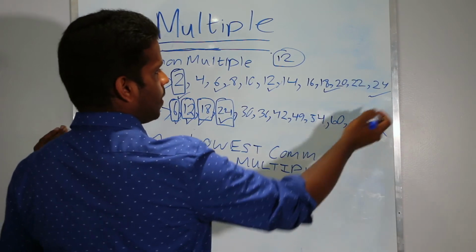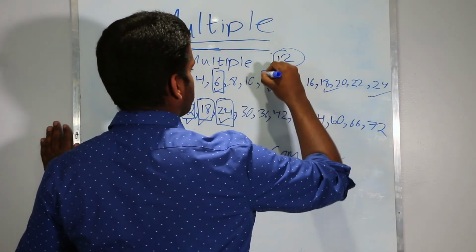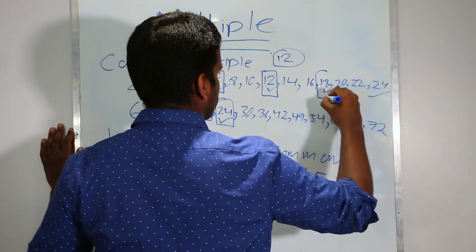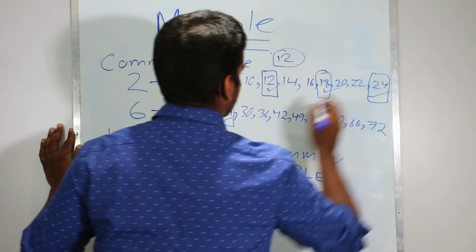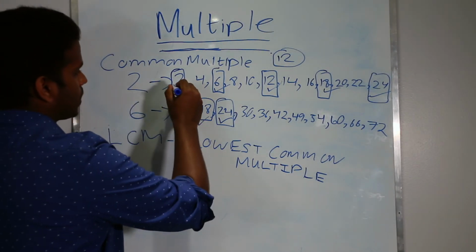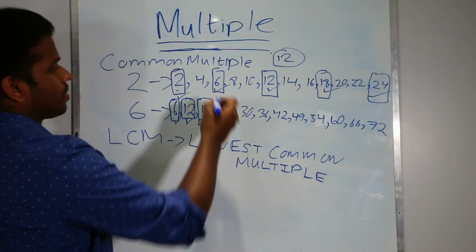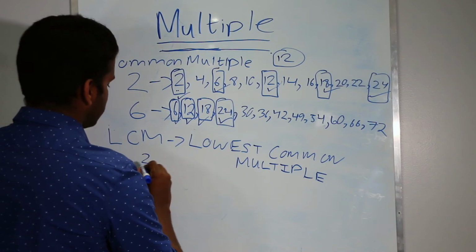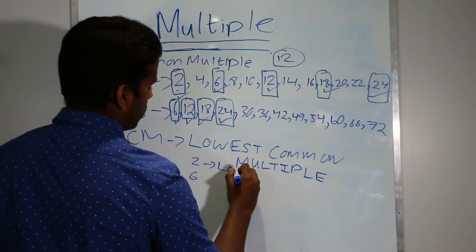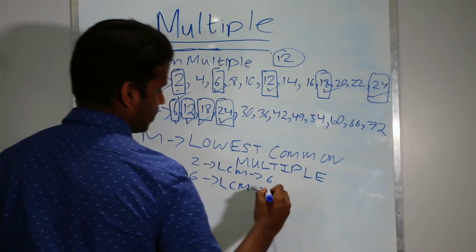They could continue, but since we stopped at 12 multiples, it stays there. Which one here is the lowest? 2 would be the lowest, but 2 doesn't appear in both lists. 4 doesn't either. 6 does. So for 2 and 6, the LCM would be 6. And for this one, it doesn't change: the lowest common multiple of 6 and 6 is 6.